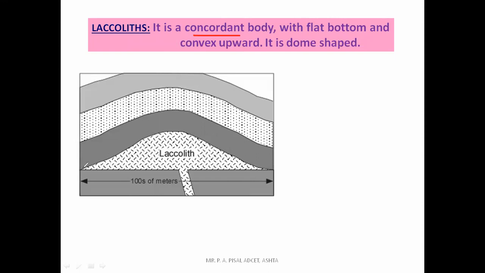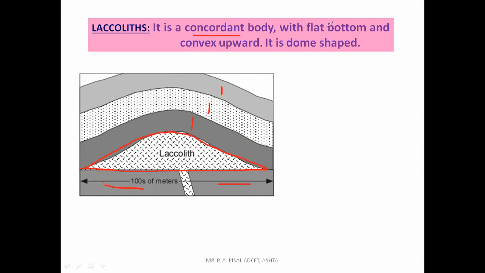So this structure is considered as a laccolith, and generally it remains parallel to the upper layer, and its bottom also runs parallel to the bottom layer. That's why it is a concordant body. Now, what is the character of this laccolith?